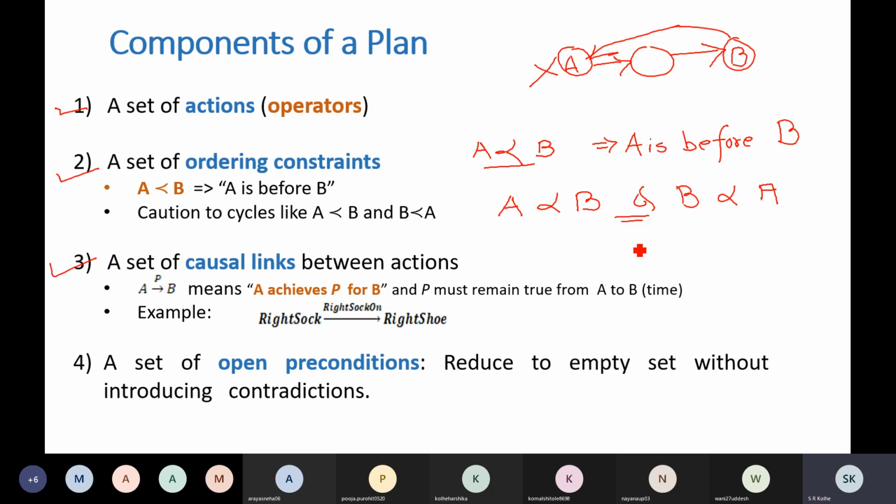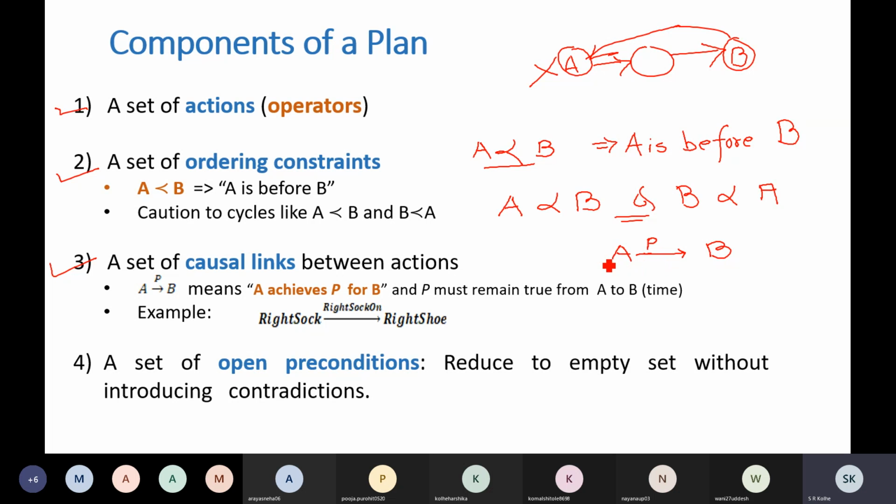For example, suppose we have action A and action B. So there is a transformation from action A to action B, state A to state B, and there is a predicate P, for example, that must remain true when there is a transformation from A to B. So we read this causal link like this: A achieves P for B, because P becomes true, and this P should remain true through the time interval from A to B.